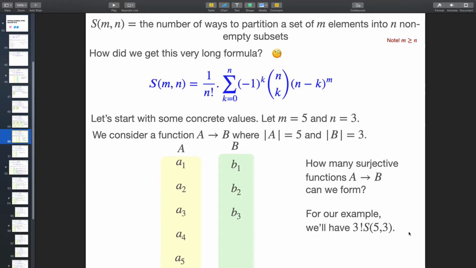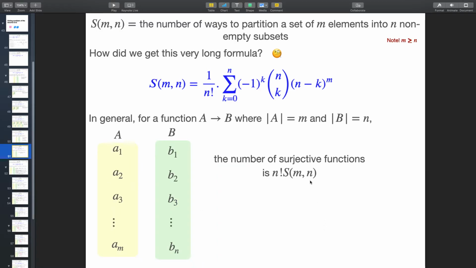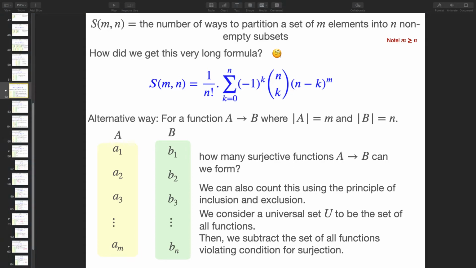And in general, kung M at N, that's actually N factorial times S of M, N. So, katulad ng maraming problema, pwedeng pare-pareho ng sagot, pero magkakaibang solutions, right? So, we are able to present one formula for counting the number of surjective functions from set A to set B. Now, let's present an alternative solution.